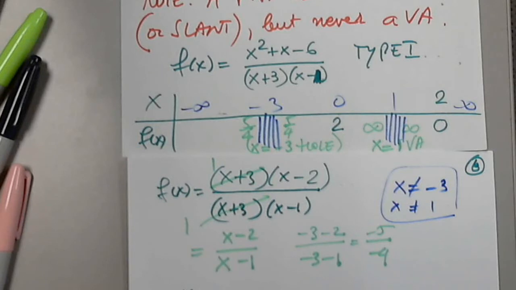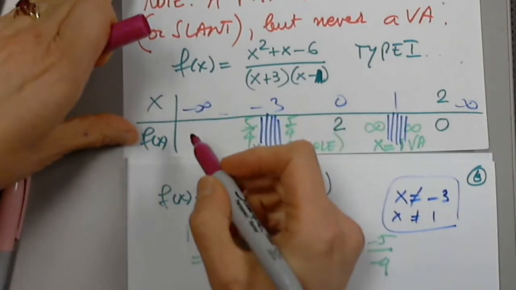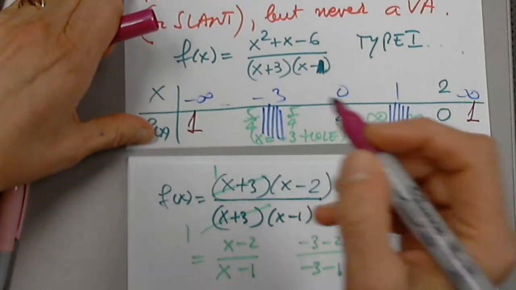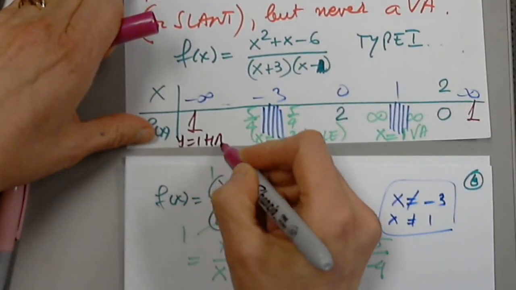What is the leading coefficient? 1, the leading coefficient. 1, the leading coefficient of the bottom. 1/1. That's the horizontal asymptote. Y equals 1, horizontal asymptote.